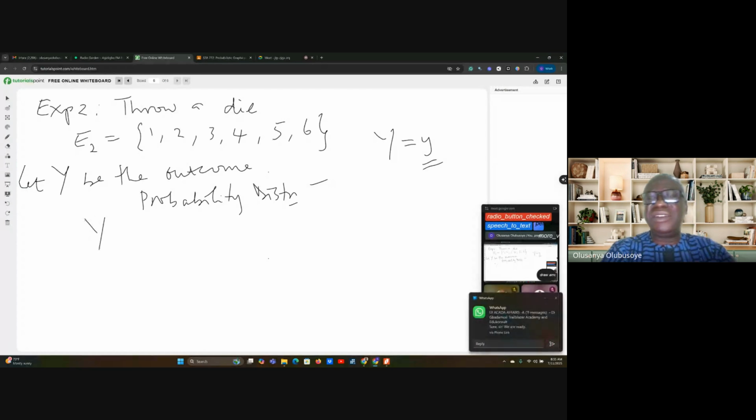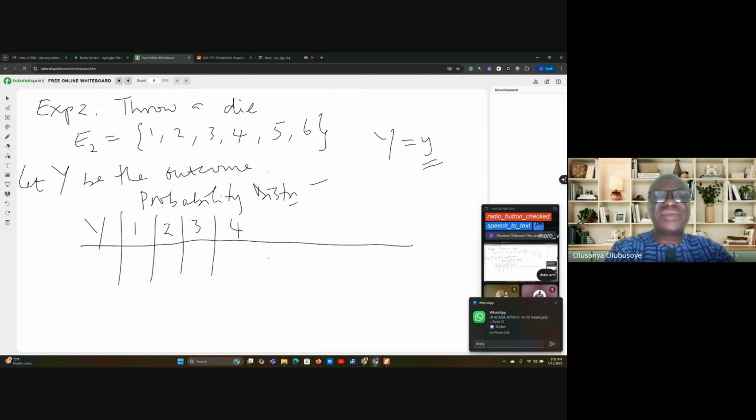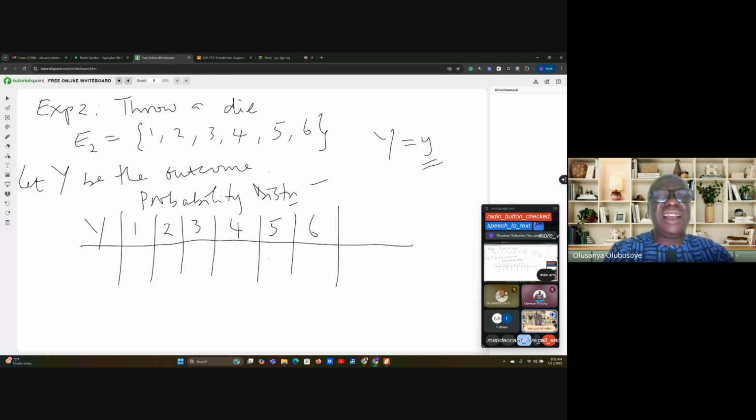So the random variable Y could take 1, 2, 3, 4, 5, 6. And then, as usual, in the probability distribution table, you also have the total.